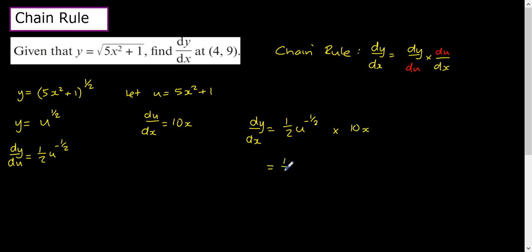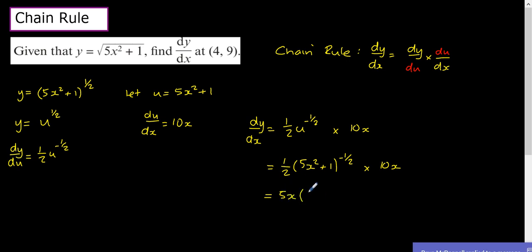And then the final stage is to put back in what u was, which was 5x squared plus 1, multiplied by 10x, and then write the answer as simply as we possibly can. So 10x multiplied by 1/2, we've got 5x multiplied by (5x squared plus 1) to the minus 1/2.